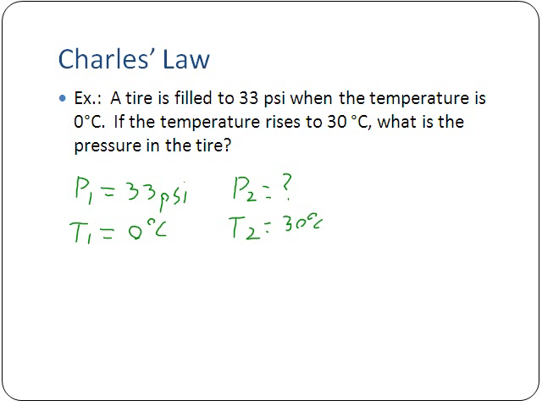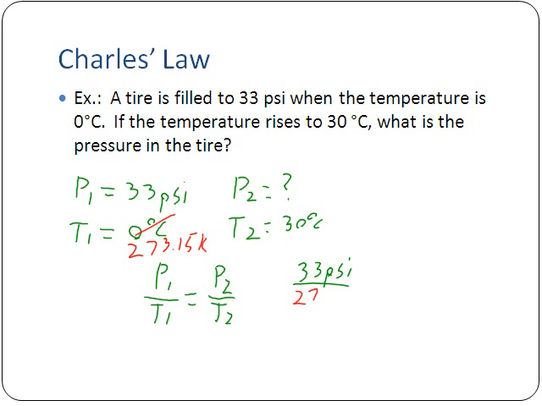So let's set up Gay-Lussac's law. P1 over T1 equals P2 over T2. The original pressure in this case is 33 psi over the original temperature, but the original temperature is in Celsius, so once again we can't use that. We'll have to convert. We add 273.15 to 0, get 273.15 Kelvin.